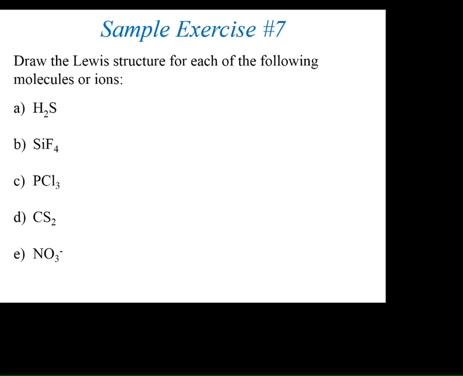Hydrogen only needs 2, to be like helium. Every other element needs to be like neon or argon, which have 8. All of these are in group 8, so they have 8 valence electrons. So every other element, so sulfur, silicon, fluorine, phosphorus, all has 8.